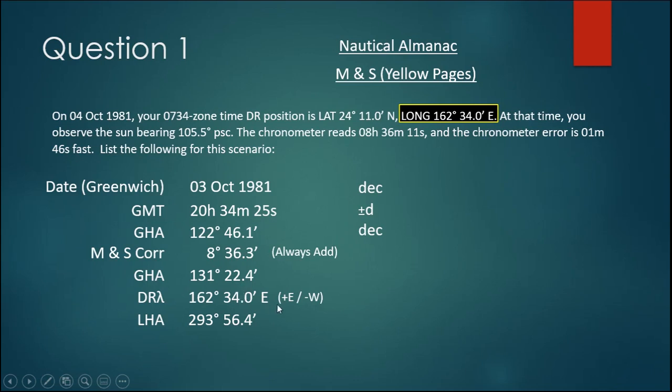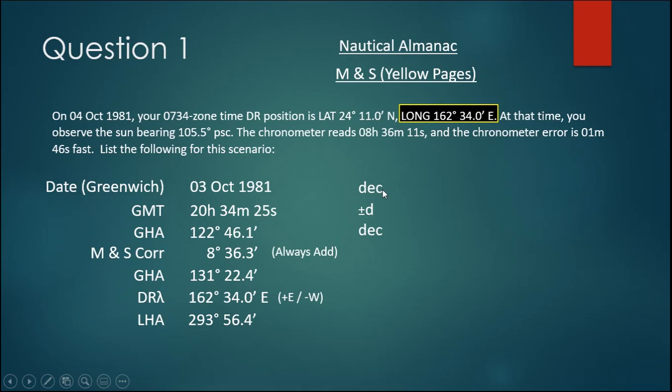In this case, it's east, so we add the 162 degrees, 34 minutes east to the Greenwich hour angle of 131 degrees, 22.4 minutes. We come up with a local hour angle of 293 degrees, 56.4 minutes.